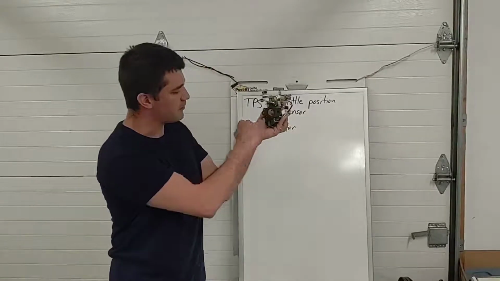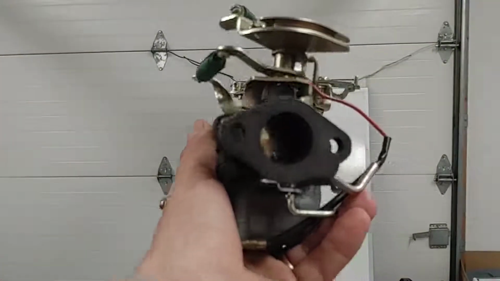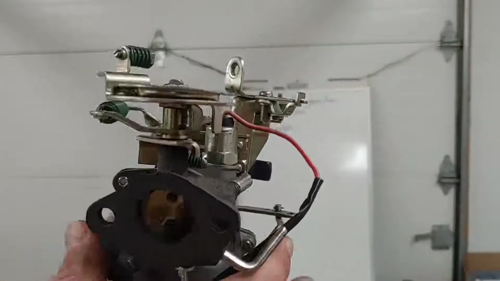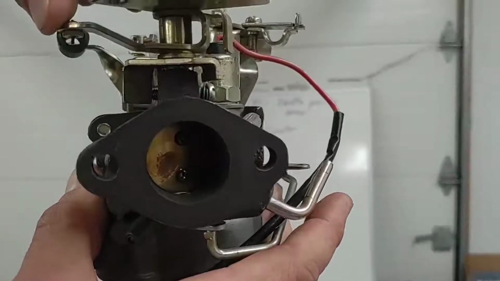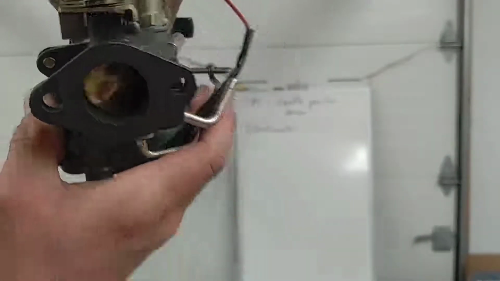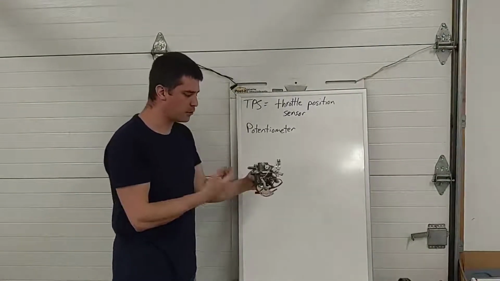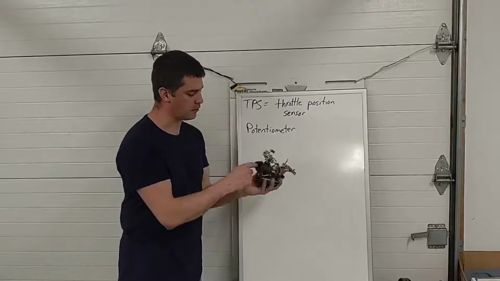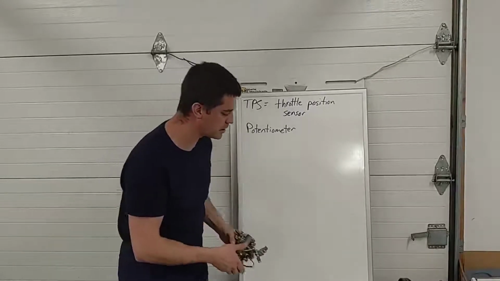So there's a little butterfly valve up in there. Okay, a little butterfly valve in there. And naturally, when you step on the accelerator, that butterfly valve would open. Okay, so no throttle position sensor was necessary for this thing. The carburetor knew what you did with your foot because the throttle opened, the airflow through the carburetor changed, and the mixture would therefore change.